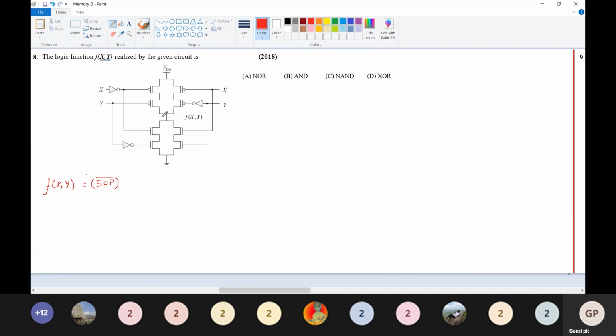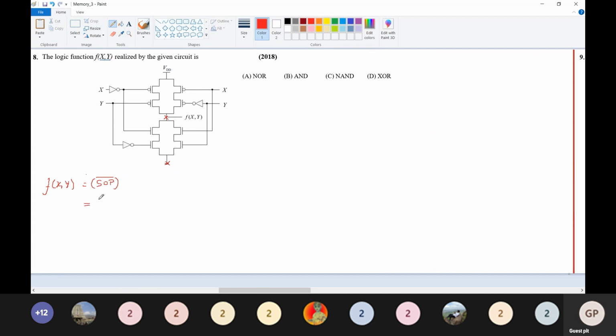So here, this is your output terminal and this is your ground. So we are going to write the expression for the NMOS circuit with respect to the output terminal to the ground.